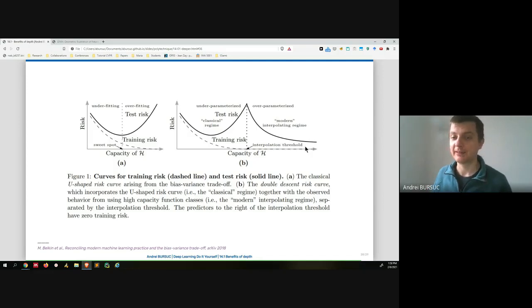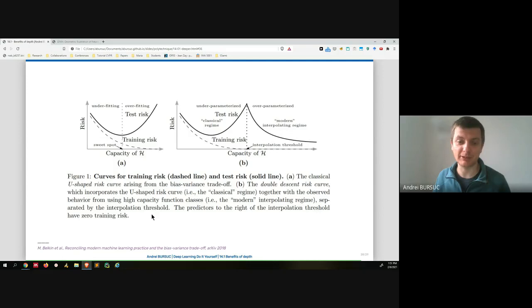And actually this reinterprets what we knew so far. Likely, people didn't go beyond, because until now we couldn't go to these high capacity models. We didn't have GPUs and other large scale computing facilities to train these big capacity models. So we simply didn't know that we have this double descent.